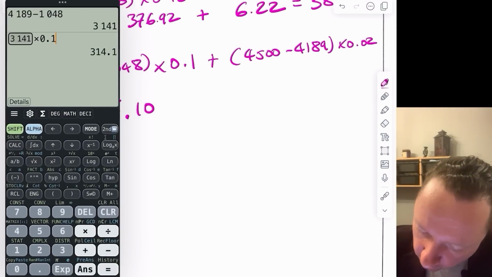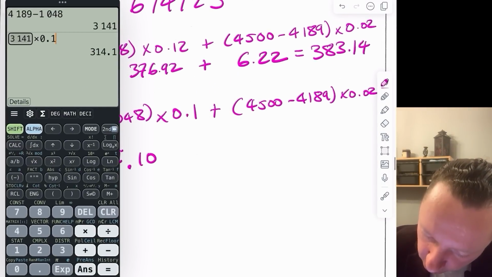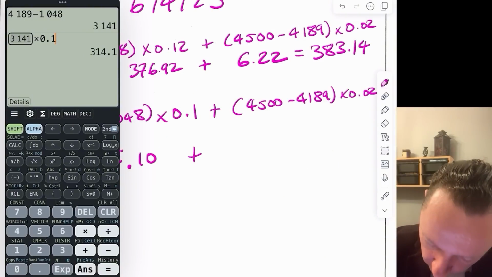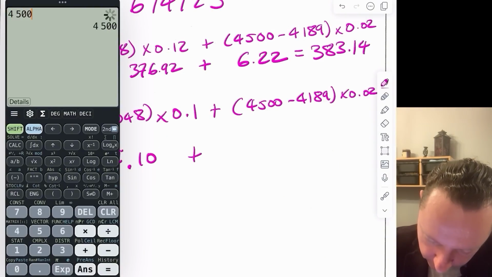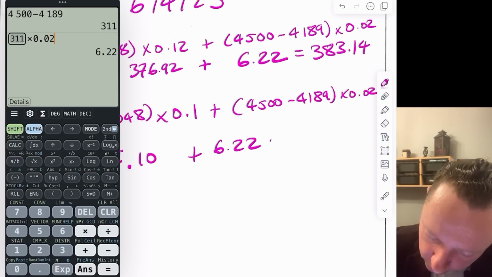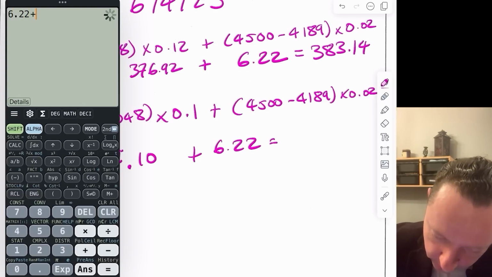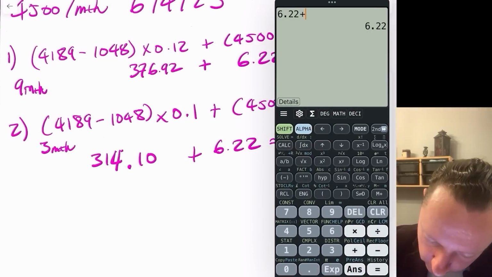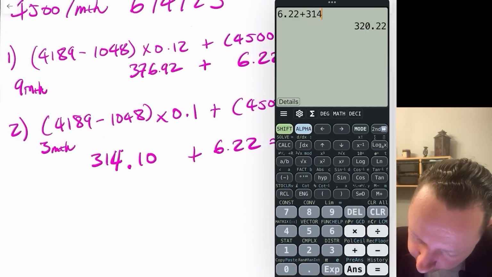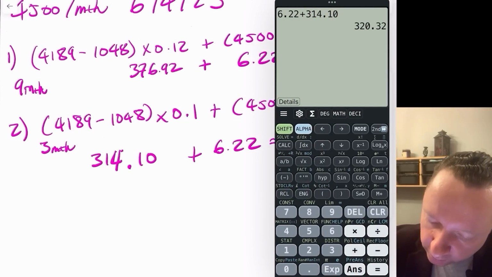And then we've got 4,500 minus 4,189 times 2%, so it's the same sum, but I'll do it just to be sure I didn't make a mistake. £6.22. So in total, we've got £6.22 plus 314.10 is 320.32.